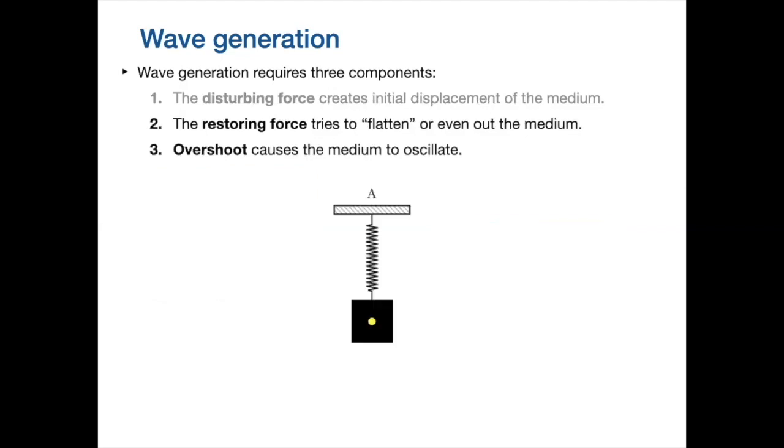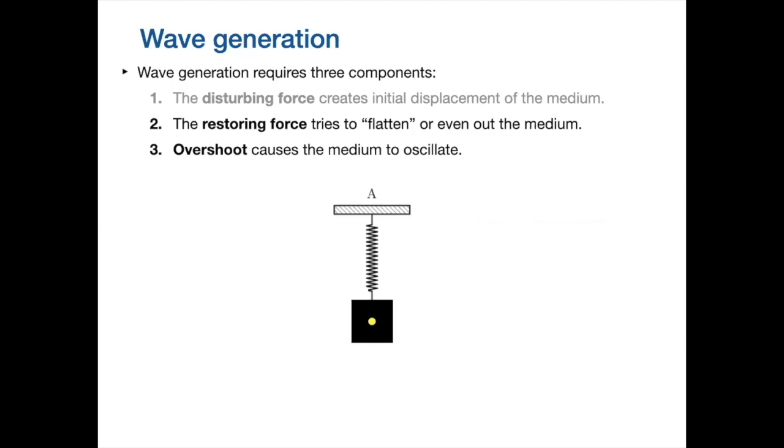As I said, the restoring force tries to flatten out or return the system to its initial state. This is a classic example of a weight hanging from a spring. Here I've drawn it in its initial equilibrium position, where the tension in the spring is exactly balancing the mass of the weight. If we were to pull the weight down and extend the spring, then it's going to want to spring back up.